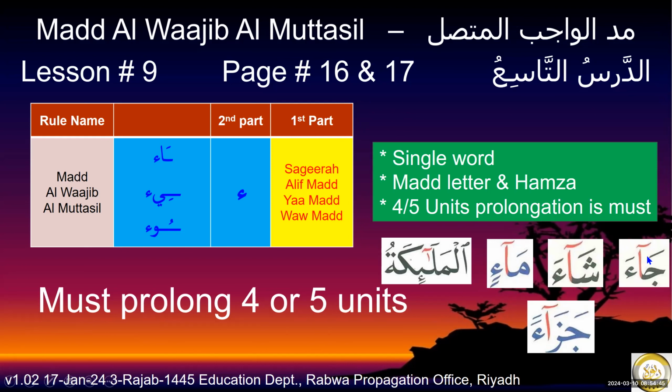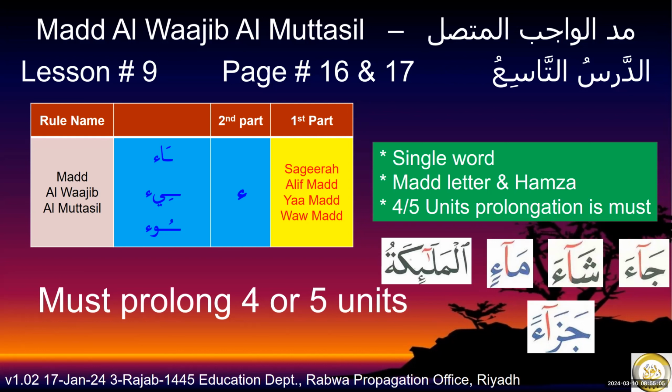If I don't prolong 4 or 5 units, how might I have read it? This is a basic mad, mad al asli. But because of these two things, the mad letter followed by hamza, and also indicated by the mad sign, I must prolong 4 or 5 units.